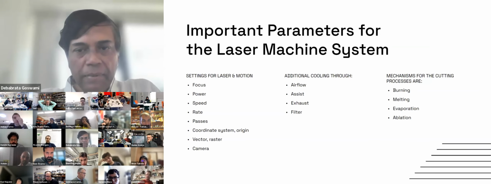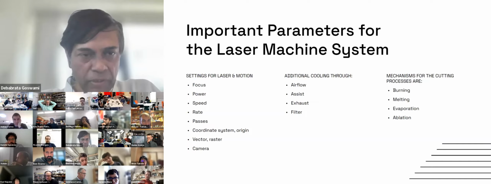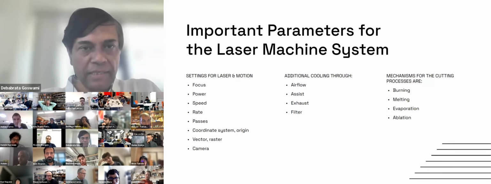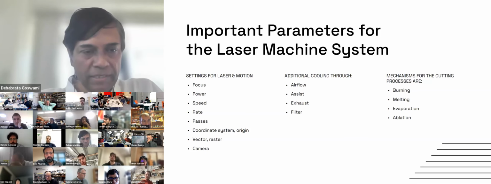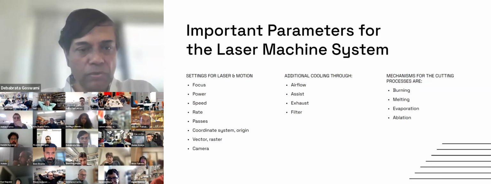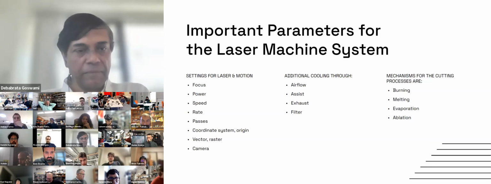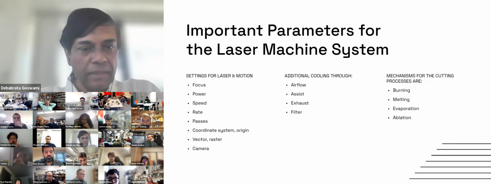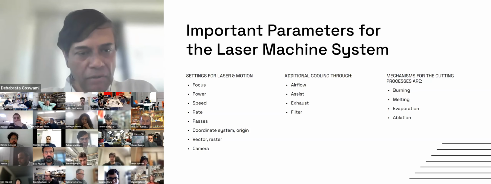But mostly the settings for the laser and its motion are going to be important in terms of its focus, the power that we use from the laser, the speed at which you operate the system, the rate at which the laser pulse comes, the window over which the laser is on or off, and the number of passes you go through to make the machine repeat or do it in one pass.